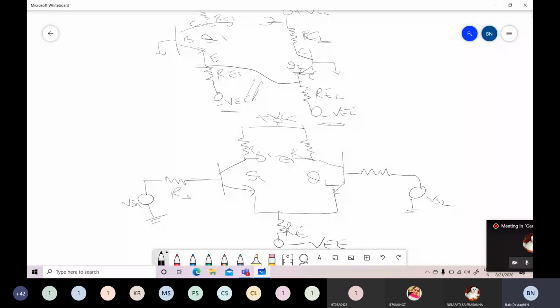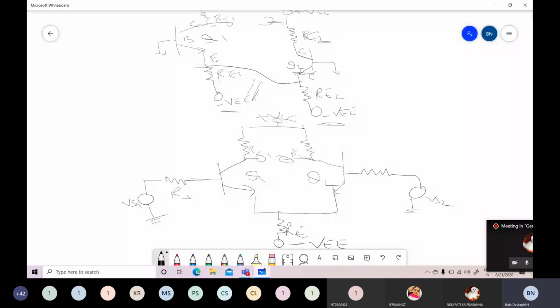Next, the emitters of Q1 and Q2 are connected together. When they are connected together, the RE1 resistor will be in parallel to RE2, so the resultant value RE is taken, and that RE is connected to minus VEE.